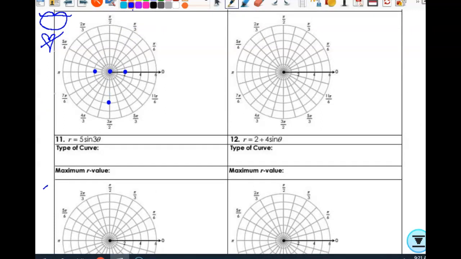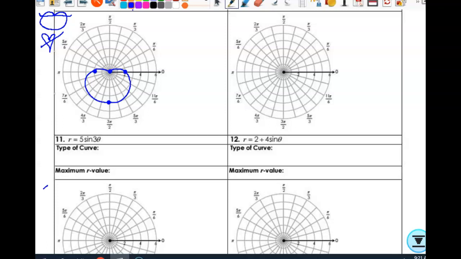So we don't want to exaggerate this up and over right here. It just kind of barely comes over like so, and barely comes over like so. And you have key points plotted. You do your best to make it look like you're trying to make a cardioid, and we're good enough. Okay. What questions do you have? We're good?